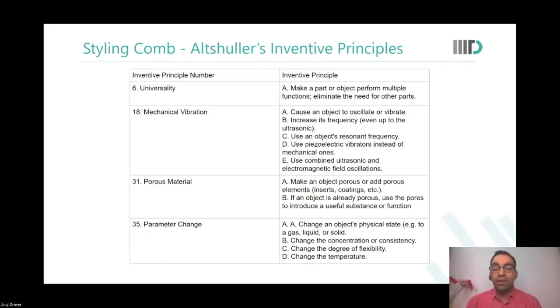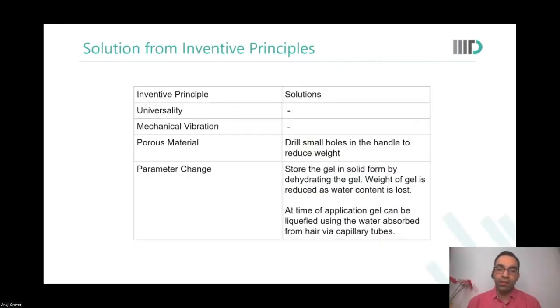Finally, we said, if I could change the state of my object, of my gel, I could do something. So first we looked at porous materials. I had to reduce the weight, so we would drill small holes into the handle so that the weight reduces. To apply the parameter change idea, what we said was store the gel by dehydrating it.